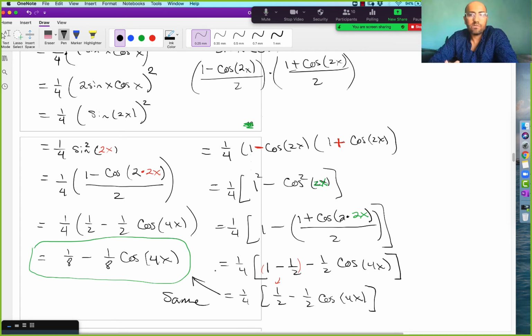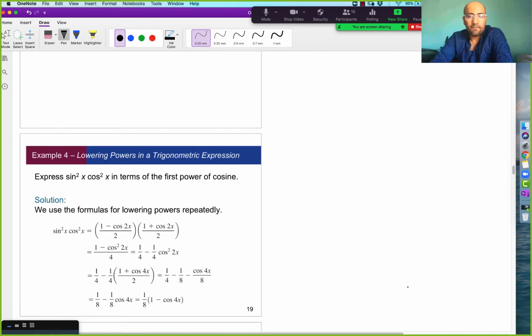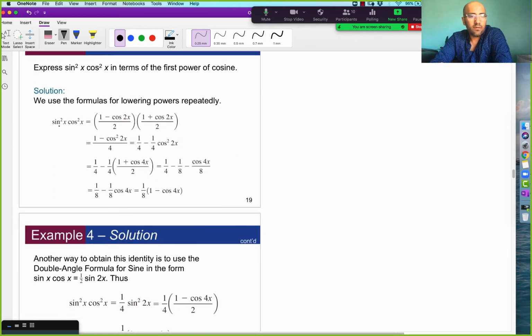Any questions? Okay. The author did the same thing. Here we have the slightly longer version of applying it to the sine squared function, to the cosine squared function.